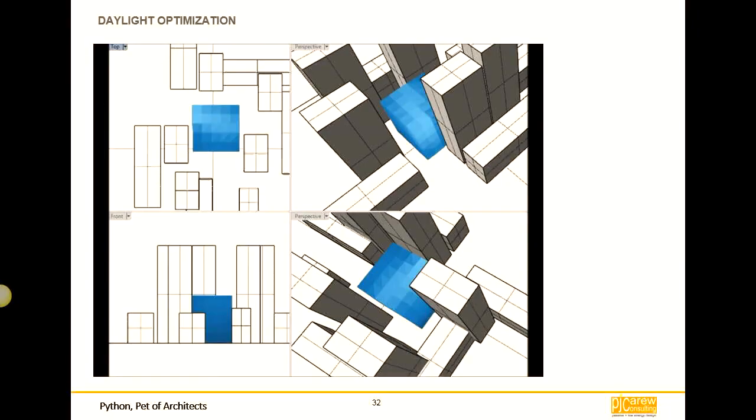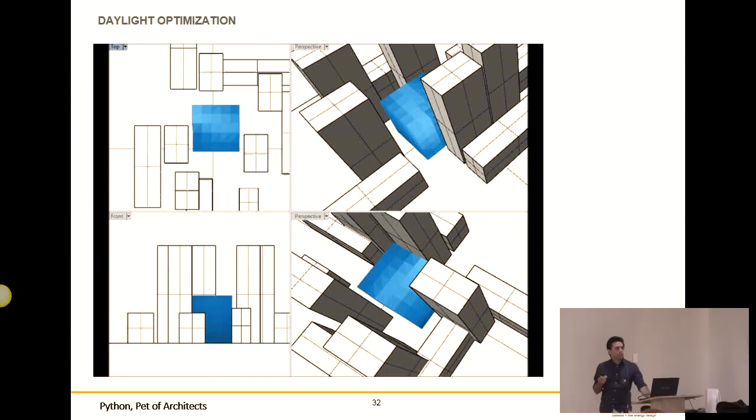So we made this little blue box and we made a program to be the intelligent creature, and then we ask the box, go and find the best optimum solution to catch the best daylight.